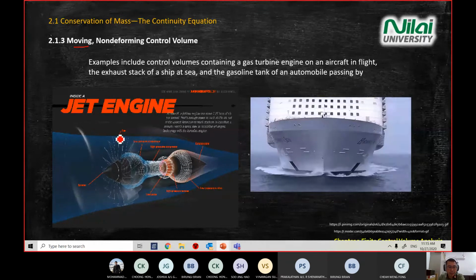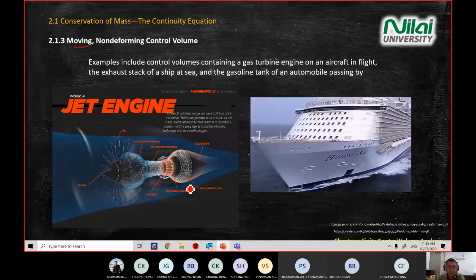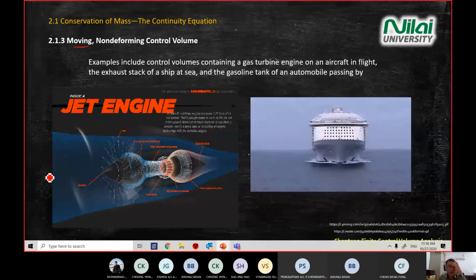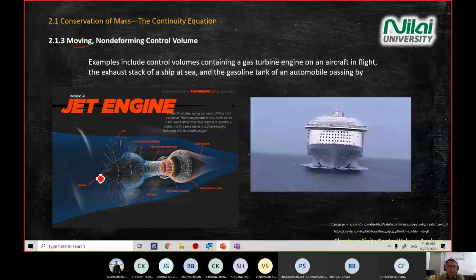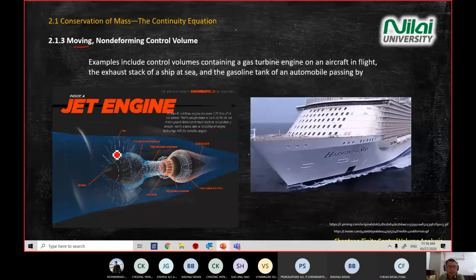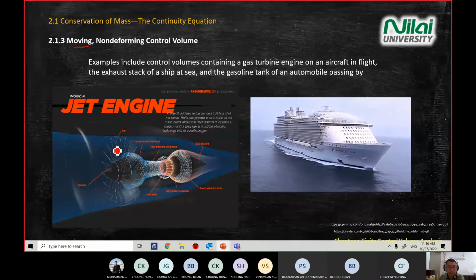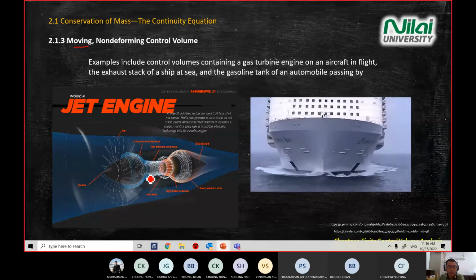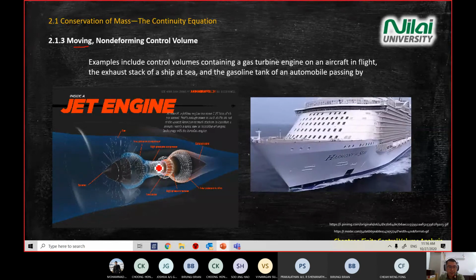You see there's a different shape of the jet engine, different cross-section area. When the air moves from the front to the back, the area changes. For example, in this case, I highlight the fan component. The area is a little bit larger, and then we go into the compression chamber.